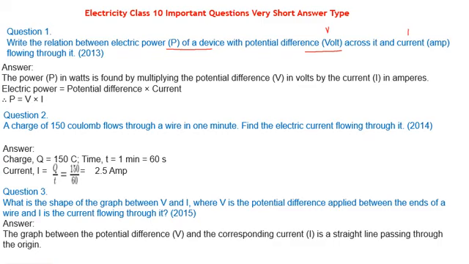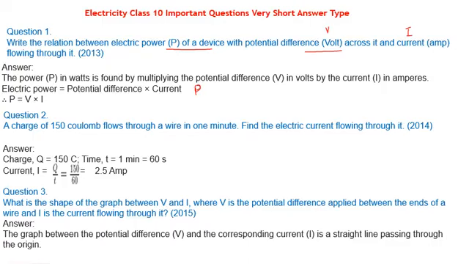Okay, now what is electric power? We know that electric power is the rate at which the electric energy is dissipated or consumed in an electric circuit, right? And the rate at which the electric energy is consumed definitely depends upon the voltage difference across the circuit and the current flowing through it.